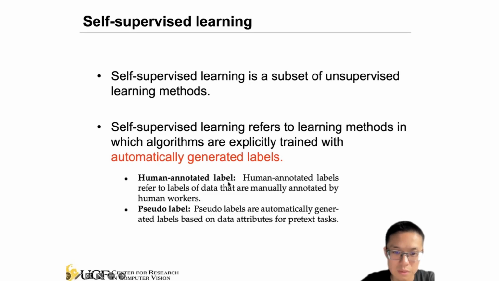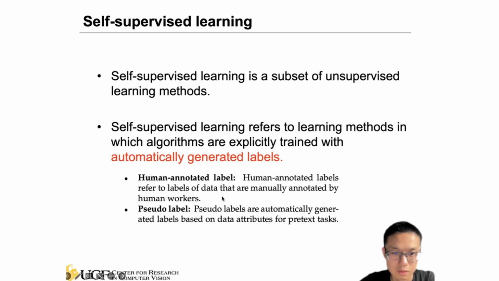So this mostly corresponds to the supervised learning task, right? When we talk about the ground truth label, we all refer to this human annotated label, right? Because we consider the human as an expert and the label information will be correct, right? So we use that as a ground truth.